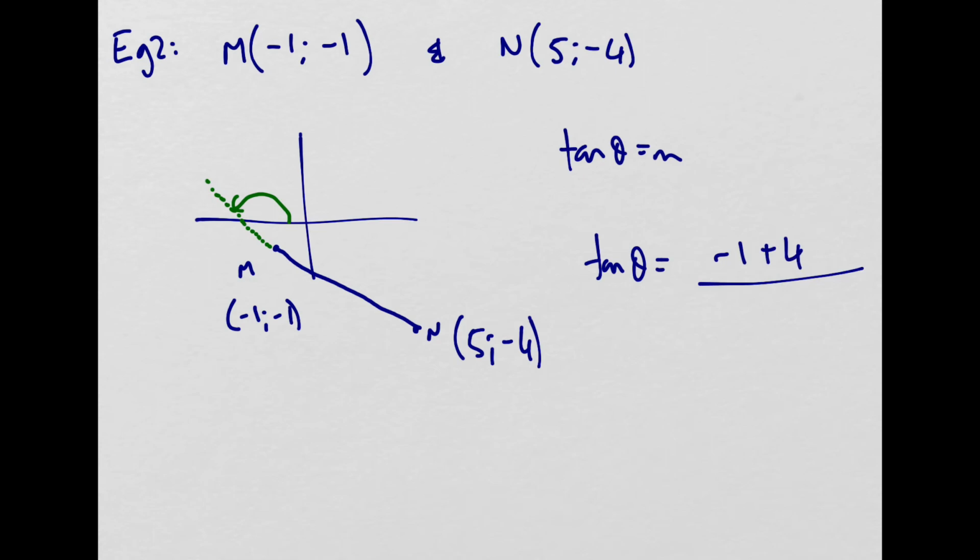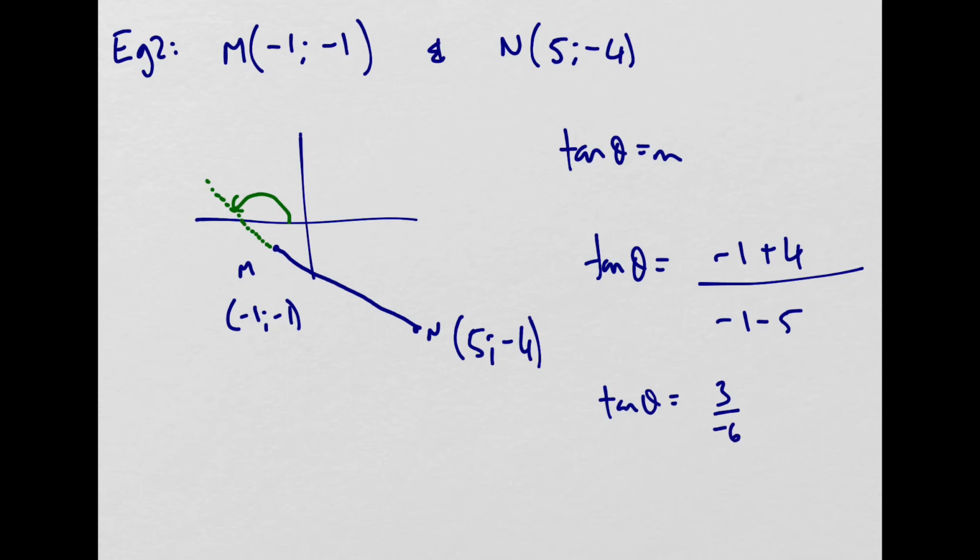Then if we go to the x values at the bottom, because we started with this side, we must start with that x value. So -1 minus 5. Simplify that: -1 + 4 is positive 3, and -1 - 5 is negative 6.